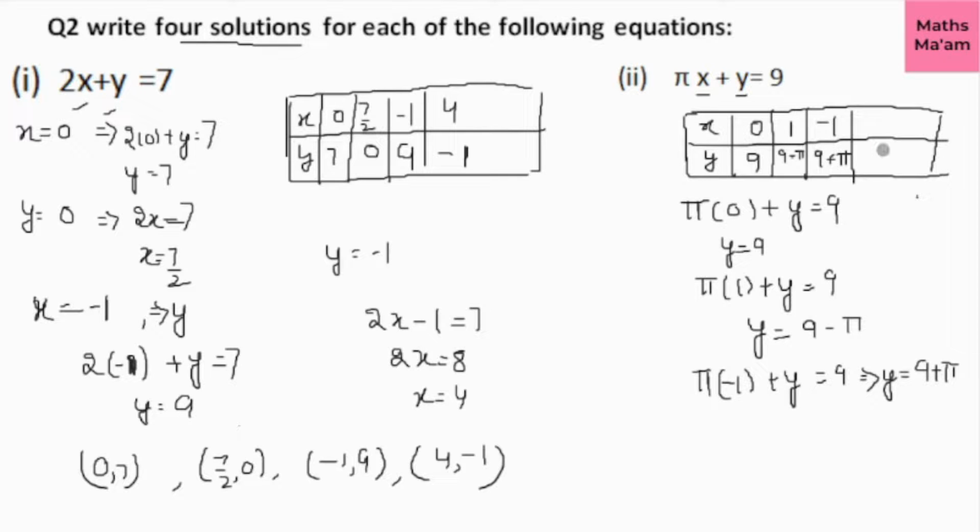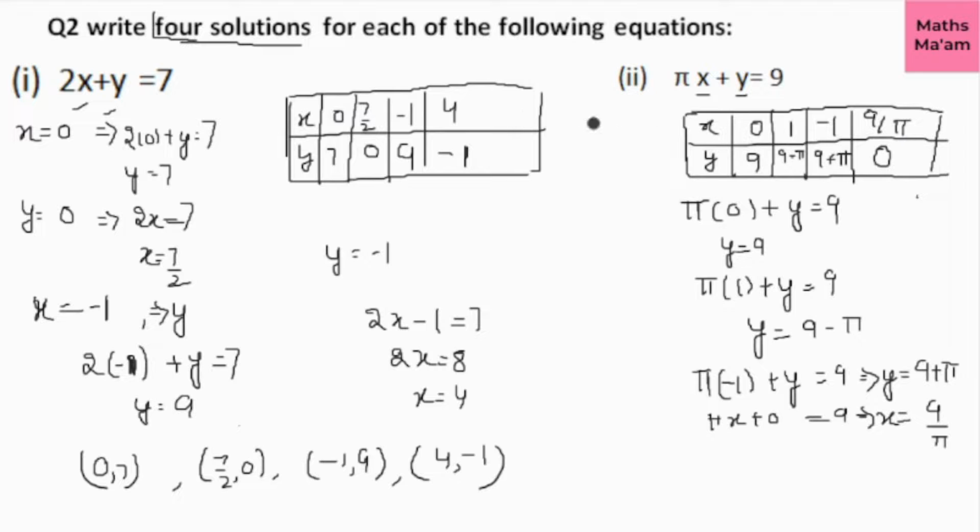Now if we have y 0, then pi x plus 0 is equal to 9. So we have x is equal to 9 by pi. So like this we found 4 solutions. We can find more, but here it is written we have to find only 4.